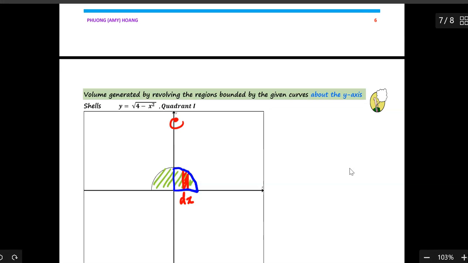We can erase the area that I have on this side because we only work with quadrant 1. I just want to provide everyone with a guide so that you can work on this exercise.